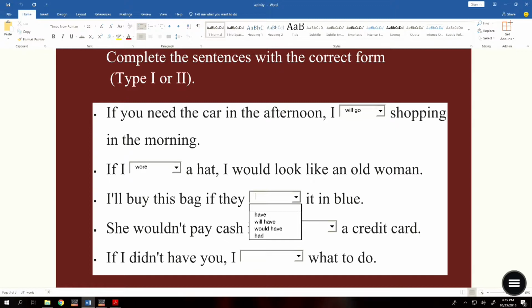I will is shortened as I'll. Then it is conditional type 1. I'll buy this bag if they have it in blue.